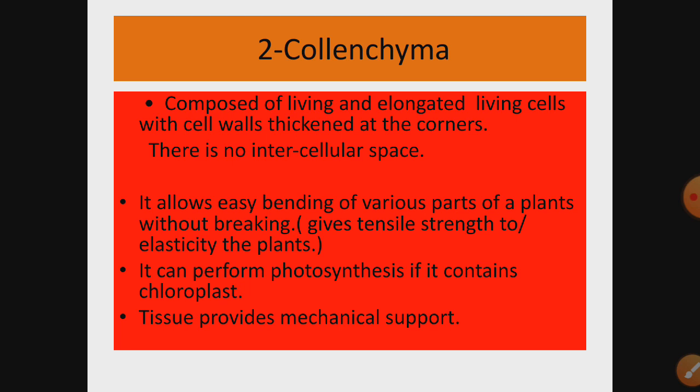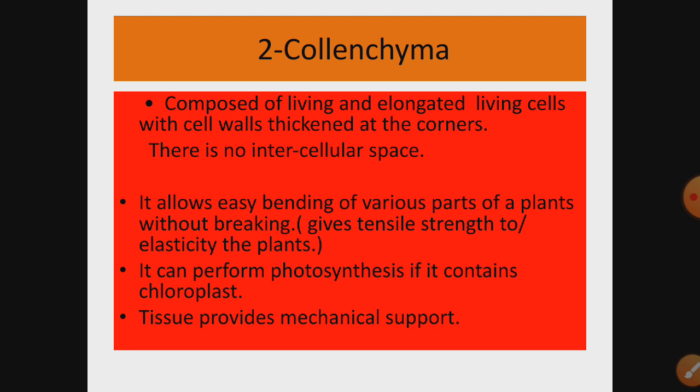Now, today let's get started with collenchyma. It is composed of living cells, as in the case of parenchyma also all cells were living. So here also the cells are living and they are elongated, they are long, as in the case of parenchyma you have seen, because at the same time we are doing the comparative study.